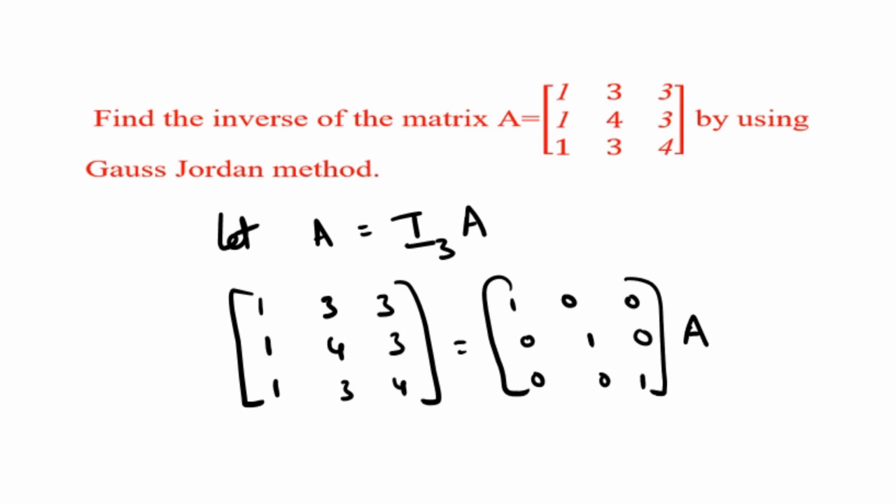multiplied with A. Now by doing R2 implies R2 minus R1, and R3 implies R3 minus R1.